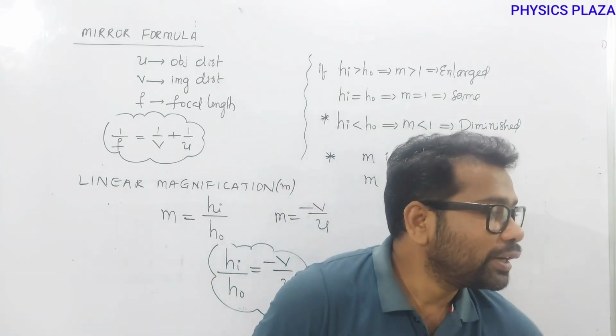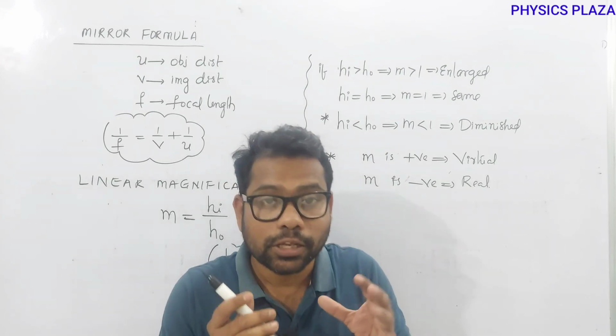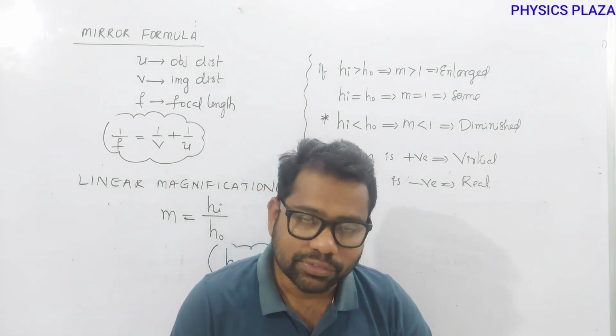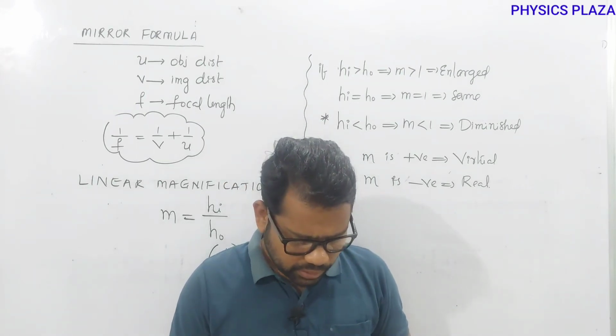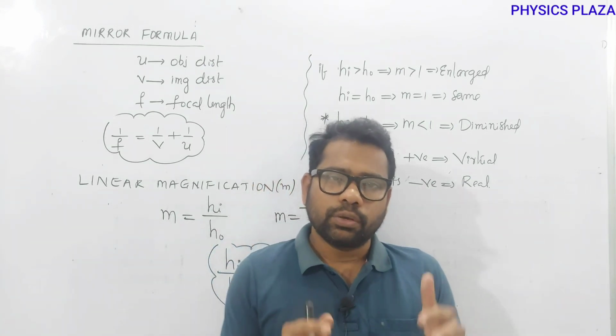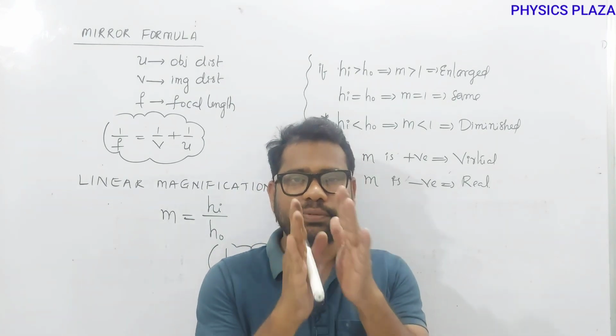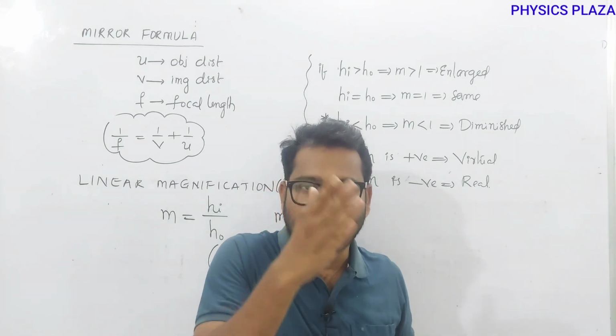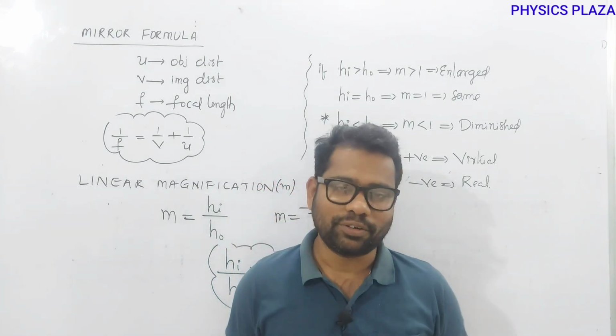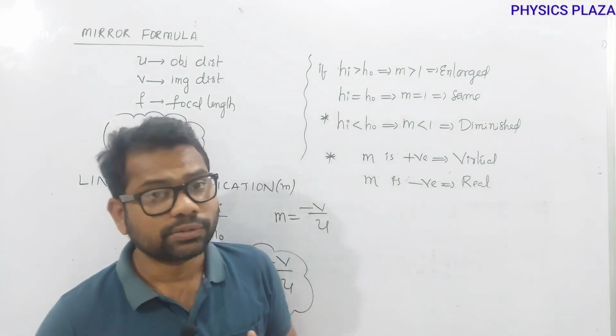Children, the last topic of the session is the applications of the spherical mirrors. In exam, they may ask you to write the application of spherical mirrors, or sometimes they will specify, write the application of concave mirror or convex mirror. Children, what are the applications of concave mirror?